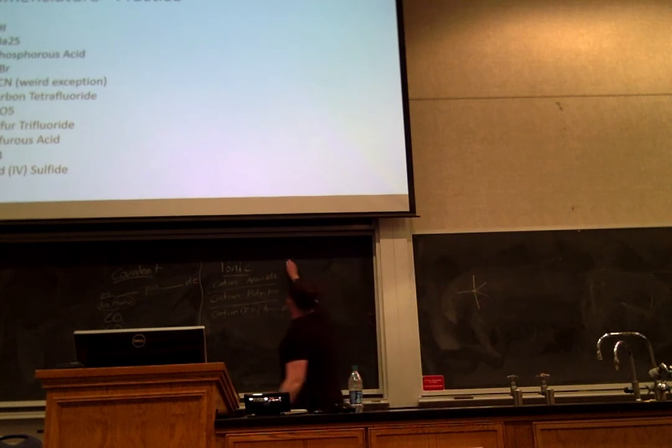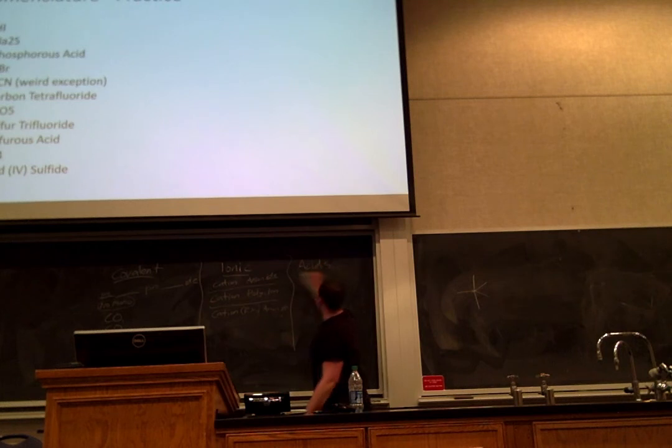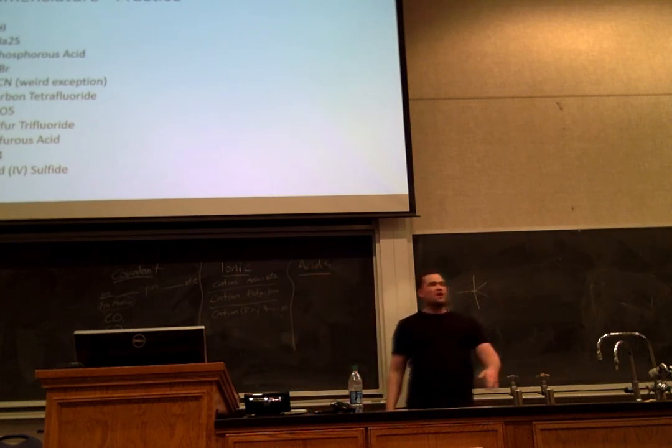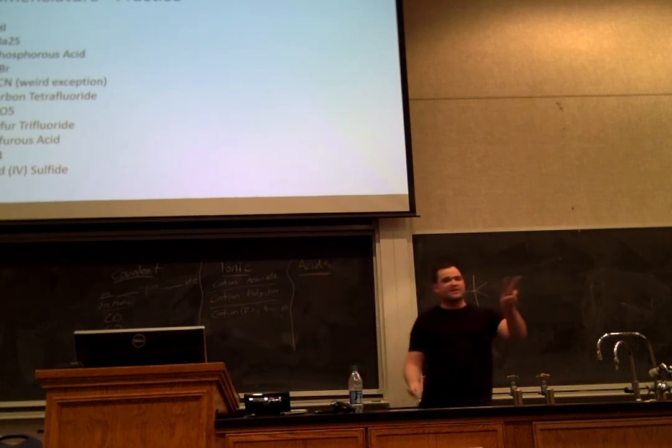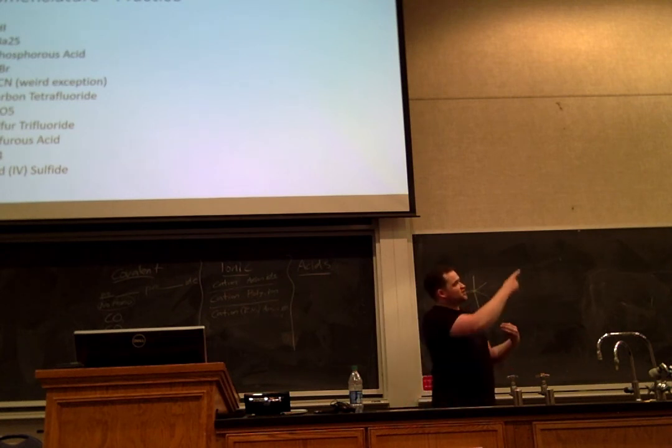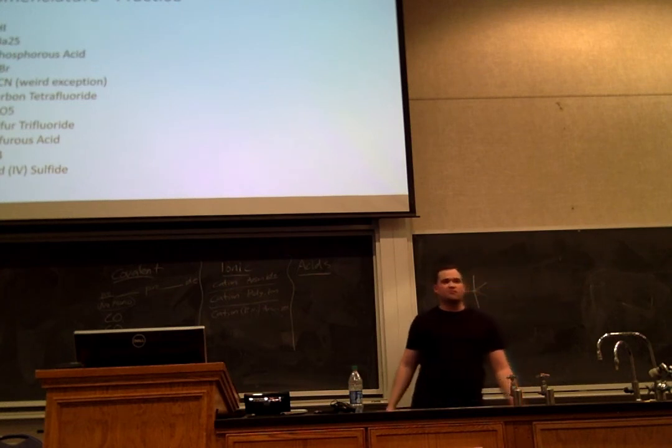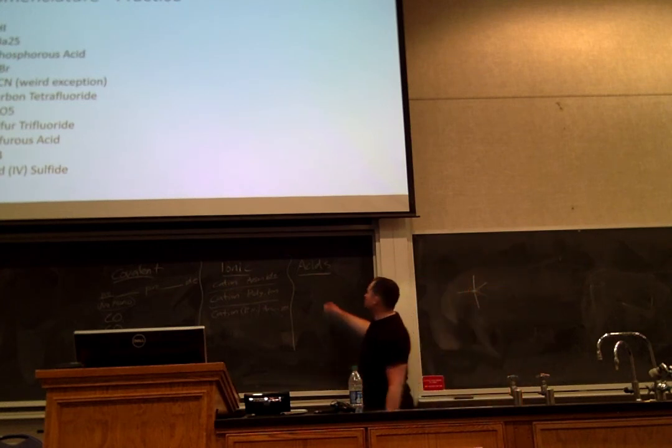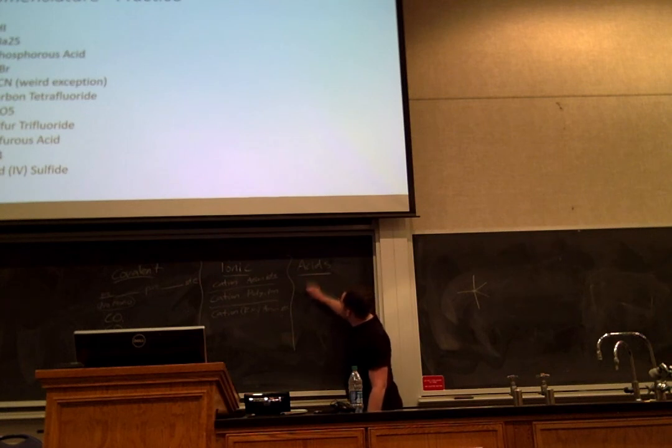Okay, so now let's do our acids. There are 2 ways to name our acids. We either have acids with just a monoatomic ion, and those ones are easy to name. We say hydro, blank, or element, ic acid.